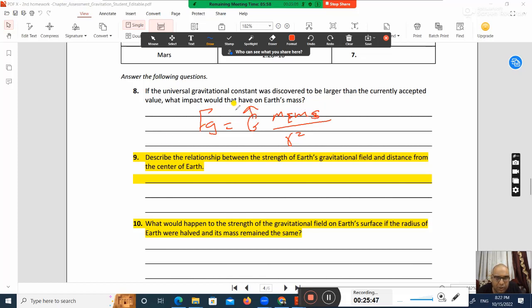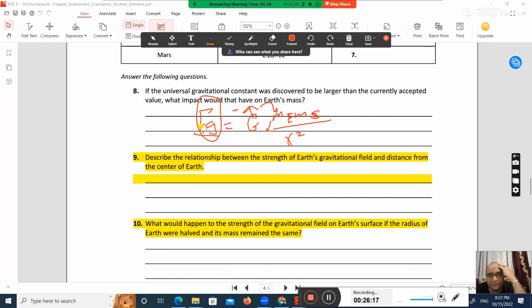So, if the value of G increases, the value of M must decrease if we're going to have the same gravitational force. So, if you have a constant gravitational force, that means the mass of the Earth will decrease or the mass of the Sun will decrease to have the same amount of attraction, the same amount of gravitational force.